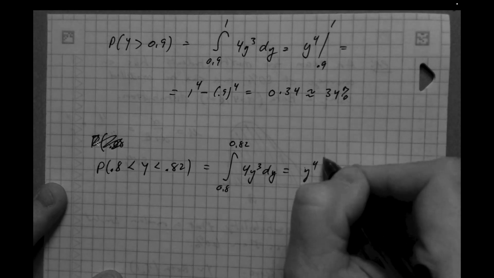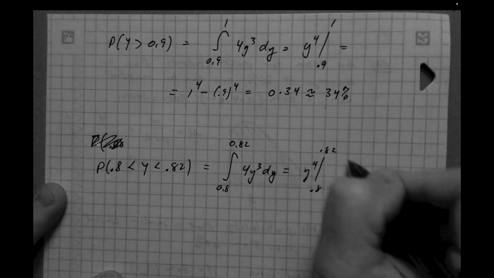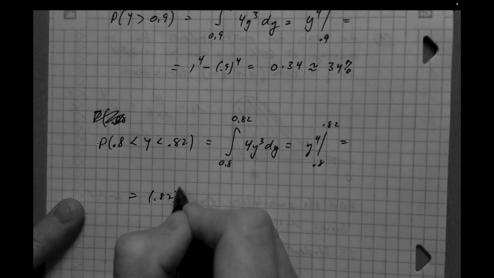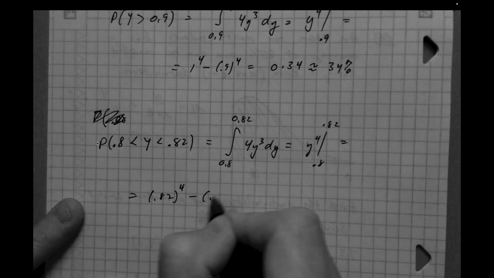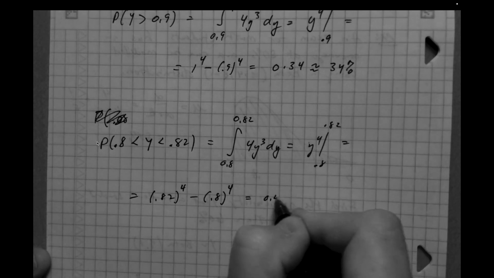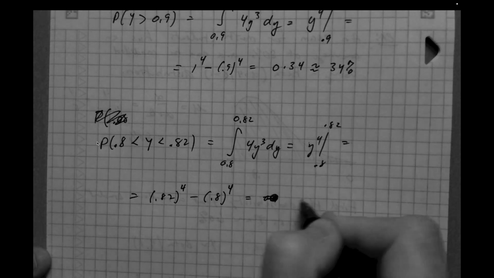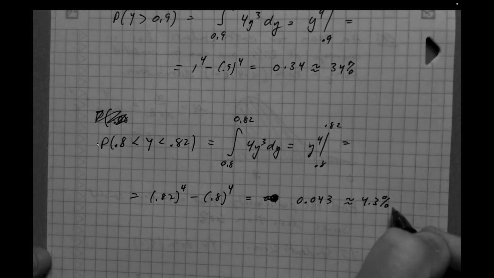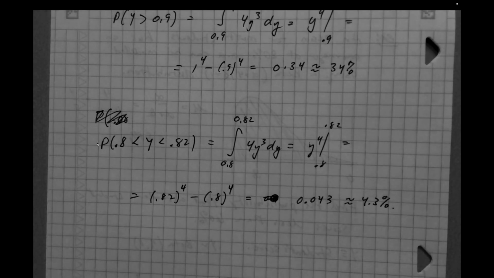So that's y to the 4th power from 0.8 to 0.82. So it'd be 0.82 to the 4th power minus 0.8 to the 4th power. And when you do that math, you'll see it's about 0.043. So about 4.3% of the students scored between an 80 and an 82%.